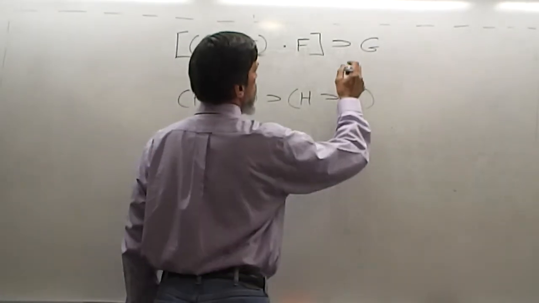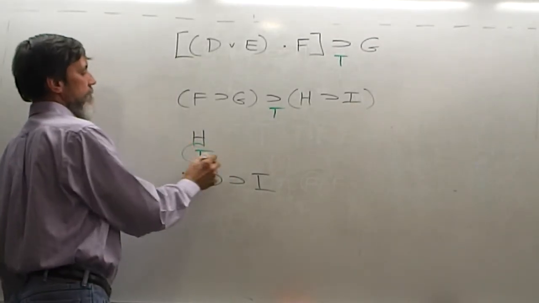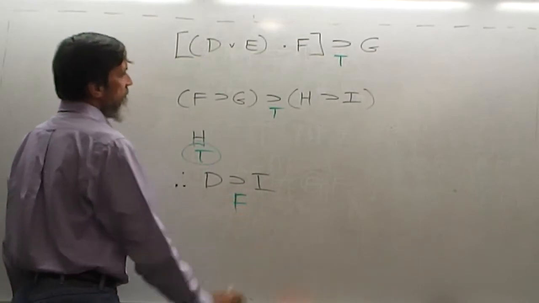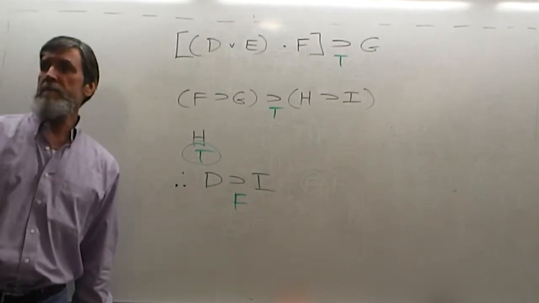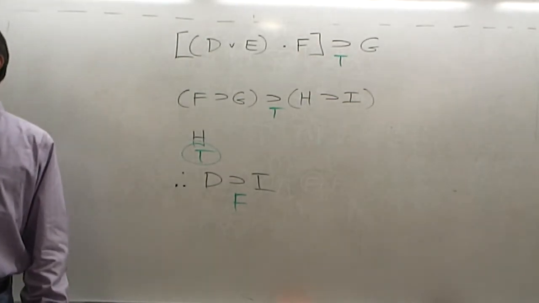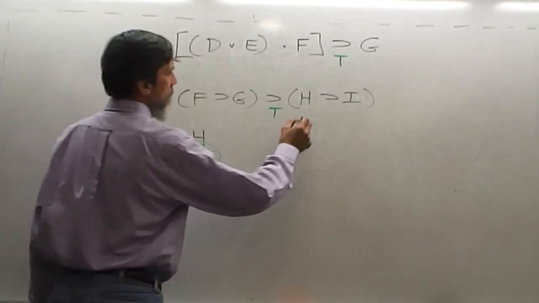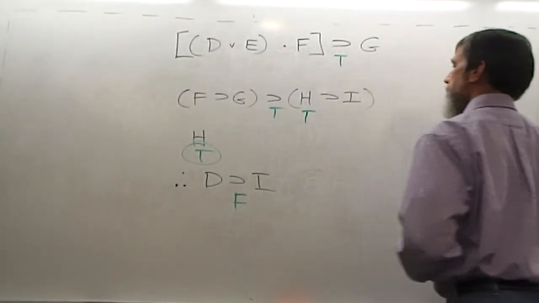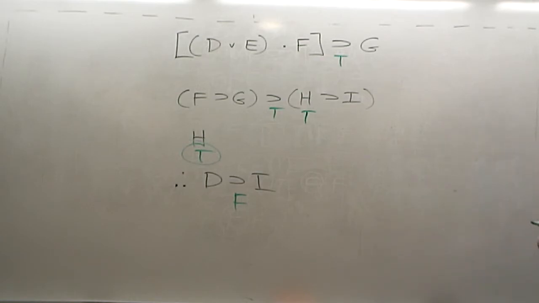Let's begin. Look, done. That premise is gone, right? Now what? You tell me. H's truth value? Okay. Now we're hunting around for some truth value we're certain of.